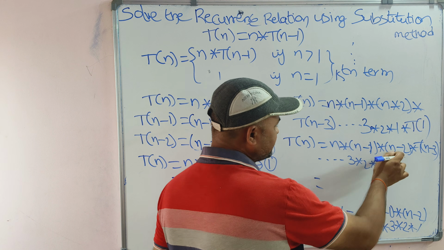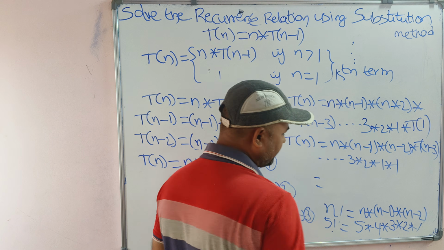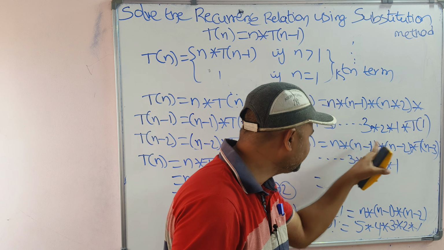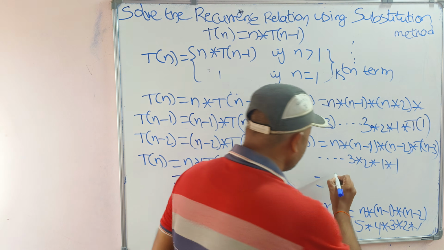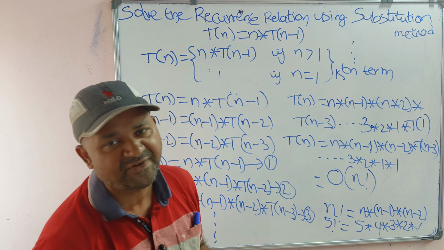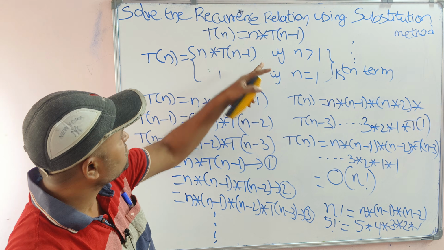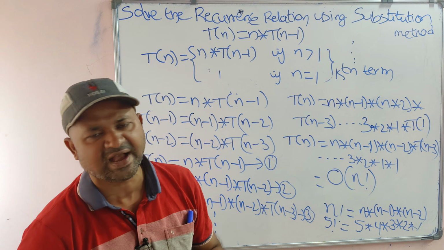So n into n minus 1 into n minus 2 into n minus 3 into, up to 1 it will be continued. Okay. So we can say that this is nothing but the formula for n factorial. So we can say that here the time complexity is order of n factorial. So after solving this recurrence relation, the solution is order of n factorial.